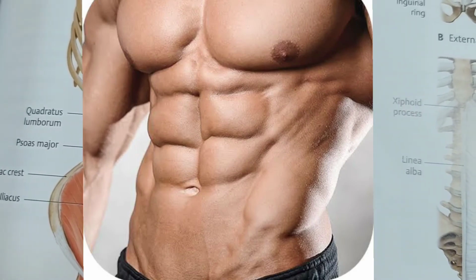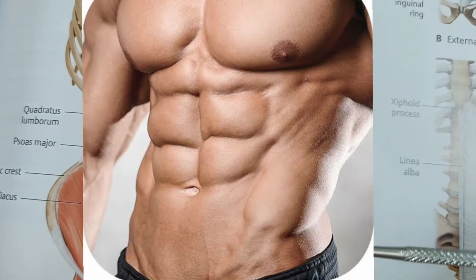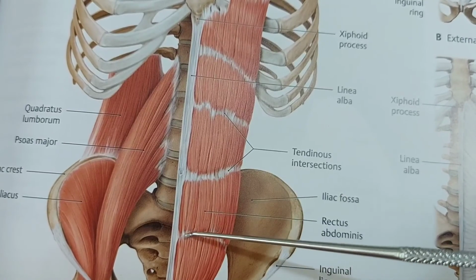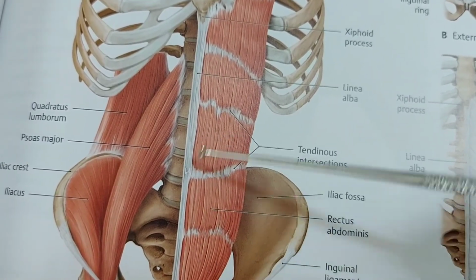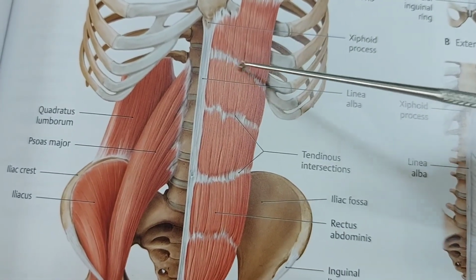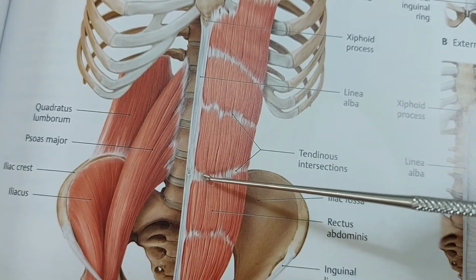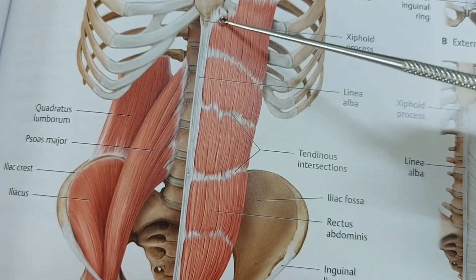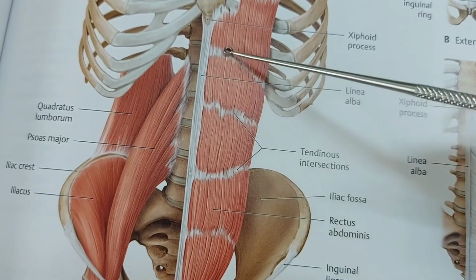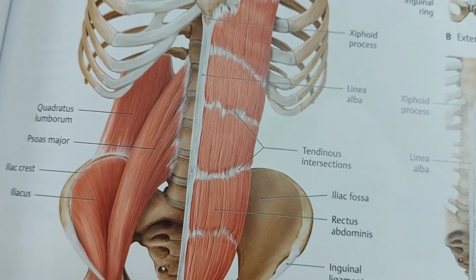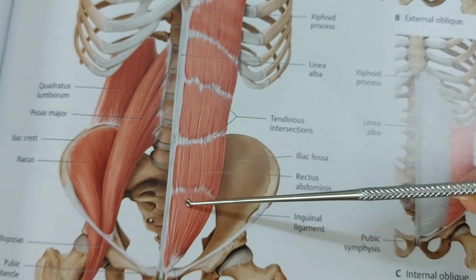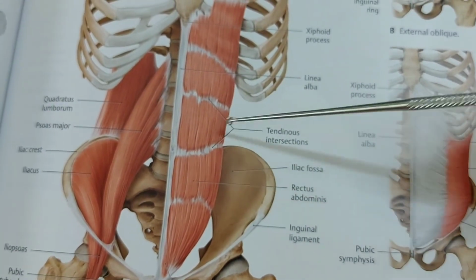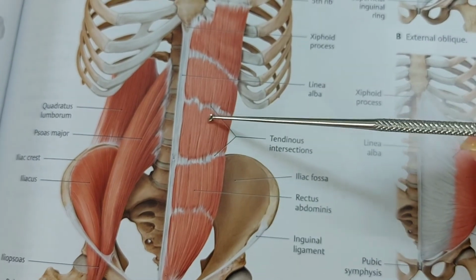We will see the image of this, and there is an ill-defined further tendinous intersection below the umbilicus. The lower one is at the level of the umbilicus, the upper one is at the level of the xiphoid process, and the middle one is in between. So this is the rectus abdominis muscle. This rectus abdominis muscle remains within the rectus sheath.